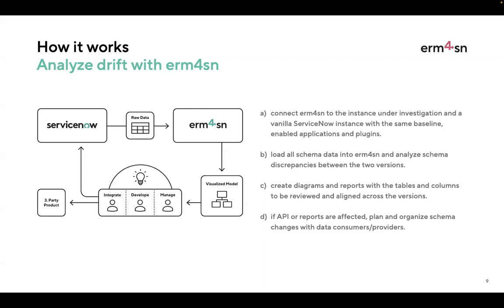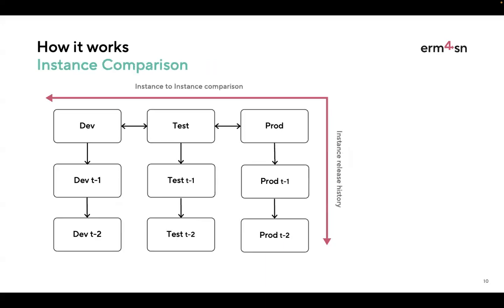So there are two options, literally, of comparing ServiceNow instances, as I mentioned in the beginning. One is, let's call it sideways. We can compare instance with instance. This is what I mentioned earlier. So dev with test, or Tokyo with San Diego, or Tokyo with Tokyo vanilla.